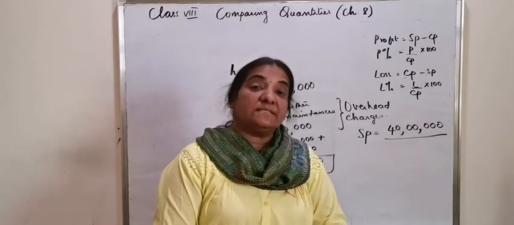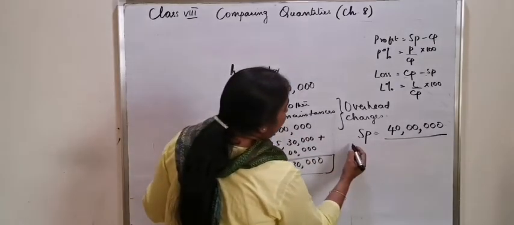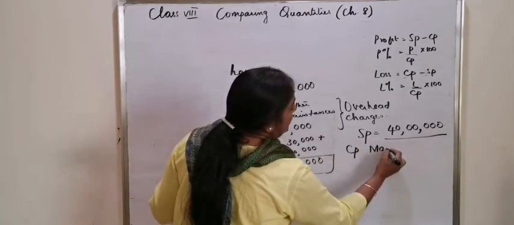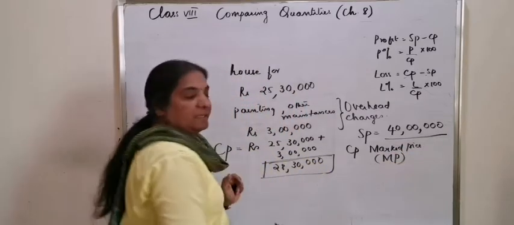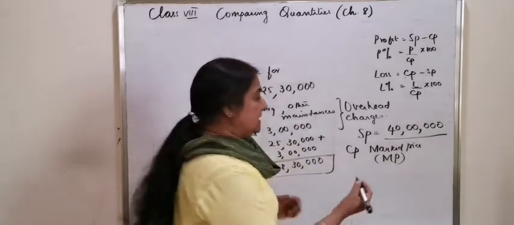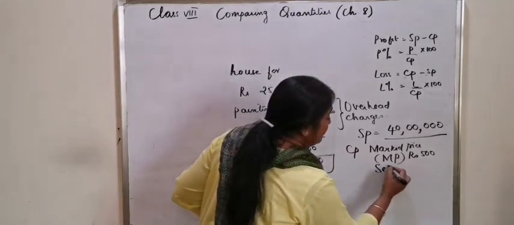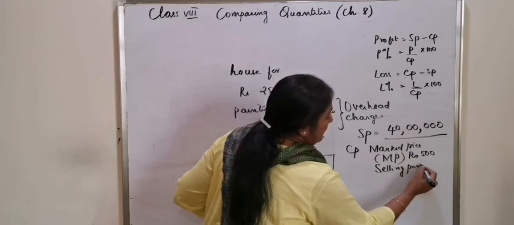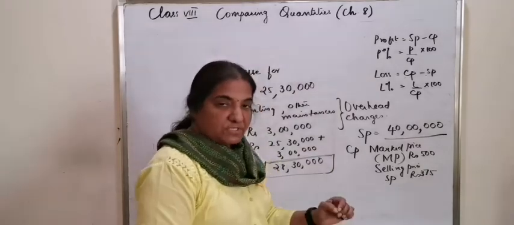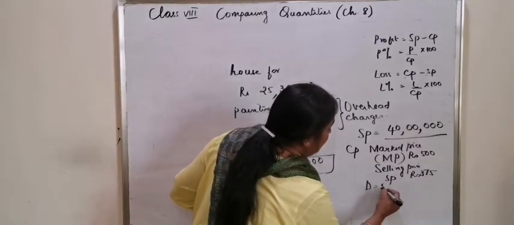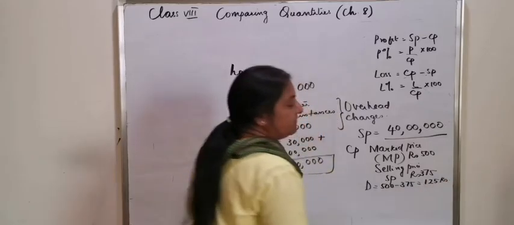Now, the next logic is the discount. For the word discount, instead of the word cost price, it will be marked price, or we call it MP. If the marked price of an article is rupees 500 and the selling price, SP, is rupees 375, it shows that there is a discount of 500 minus 375, which is equal to 125 rupees.